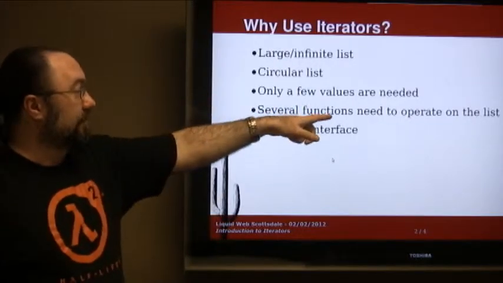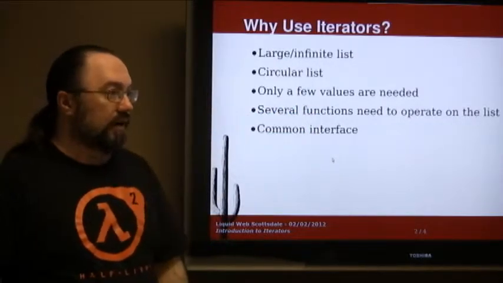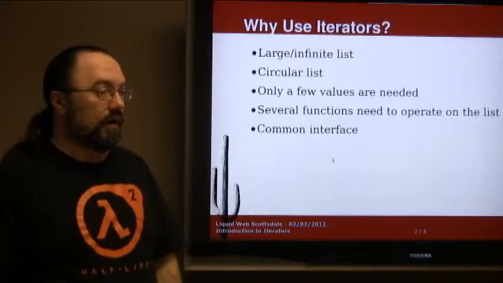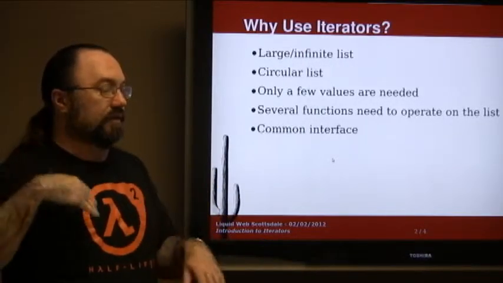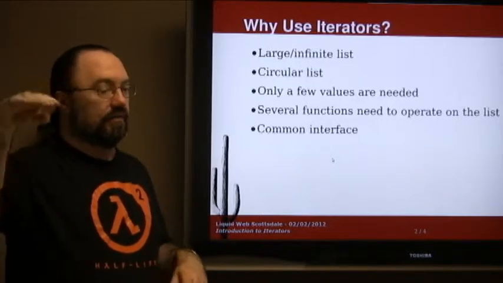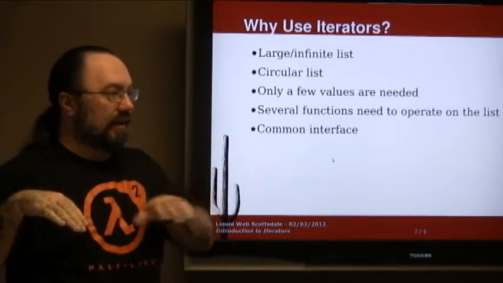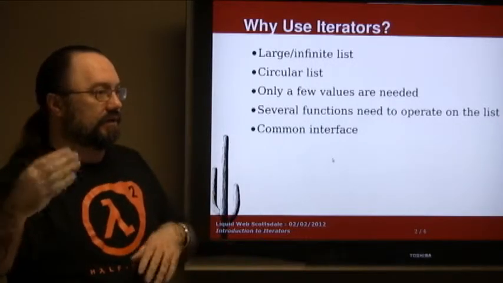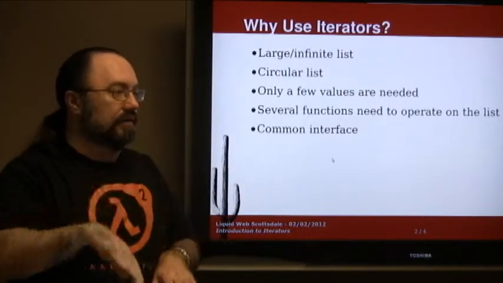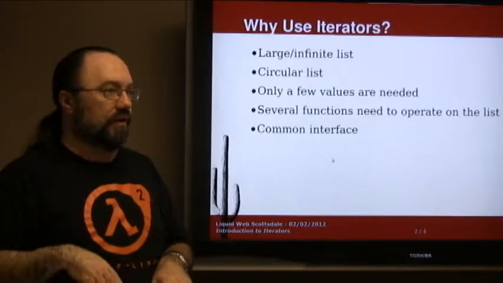If you have several different functions that want to operate on the list, like if you're parsing through a config file format of some kind, where you've got headers and then you've got config information. Well, you could have one function that handles the headers and another function that handles the individual pieces of configuration.